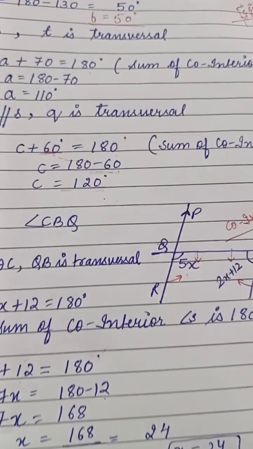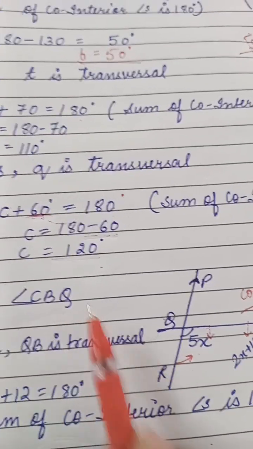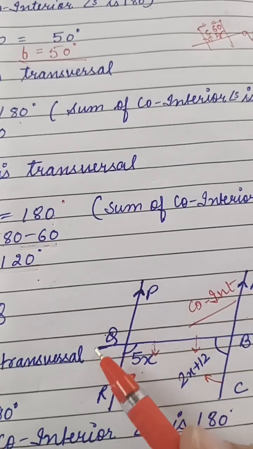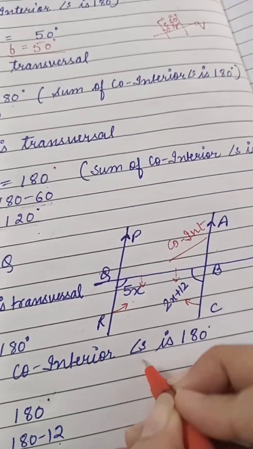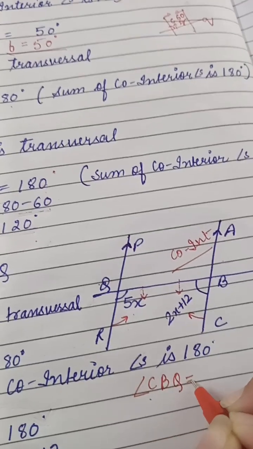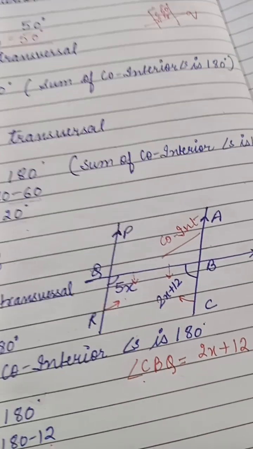Which answer do we get? x. Correct? But what do we have to find? Angle CBQ. Check where it is. CBQ. So angle CBQ equals 2x plus 12. Correct?